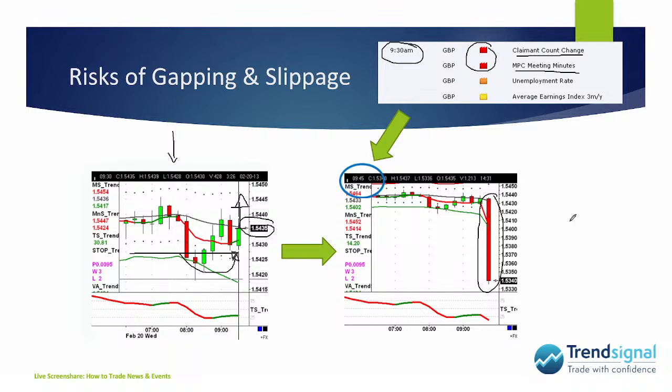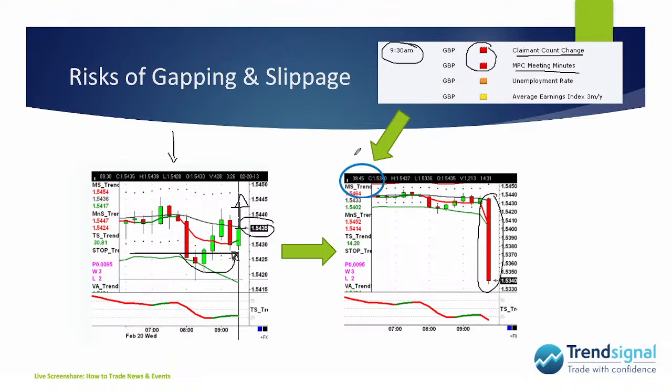The point basically is this: these big market stimulating events can create a big impact on price and therefore on slippage, which is what makes it a negative thing and something that needs to be managed.